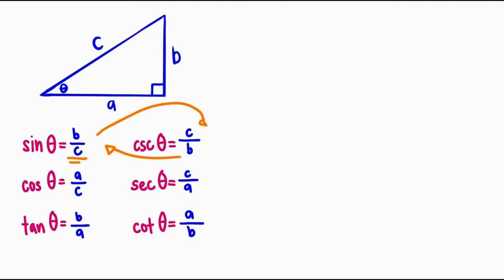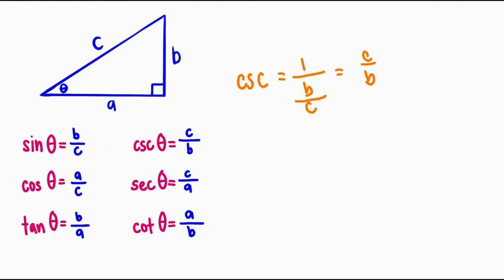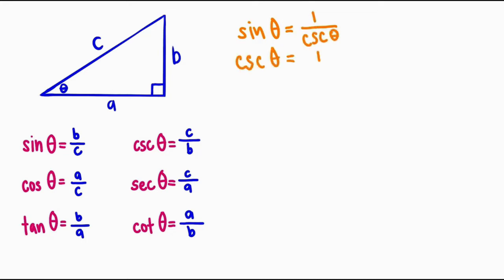The cosecant of theta is basically the reciprocal of that, which is C over B. The sine of theta is 1 over C over B, and vice versa. The cosecant of theta is 1 over B over C. That's our first reciprocal identity. To make it simple, the first reciprocal identity is 1 over sine of theta is equal to cosecant of theta, while 1 over cosecant of theta is equal to sine of theta.